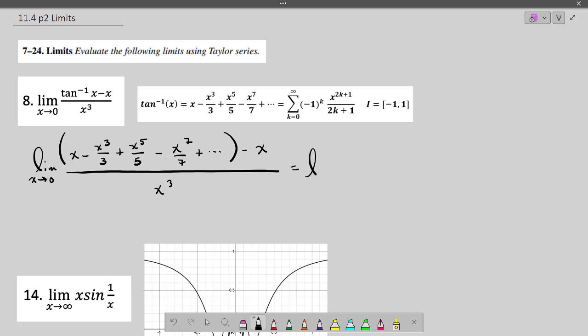And then in the numerator, if you combine the numerator, we have a negative x and a positive x. Combine those, the numerator loses that first term, and we're going to be left with that divided by x cubed.